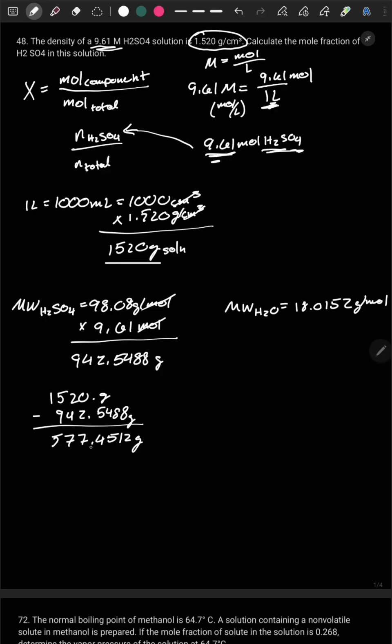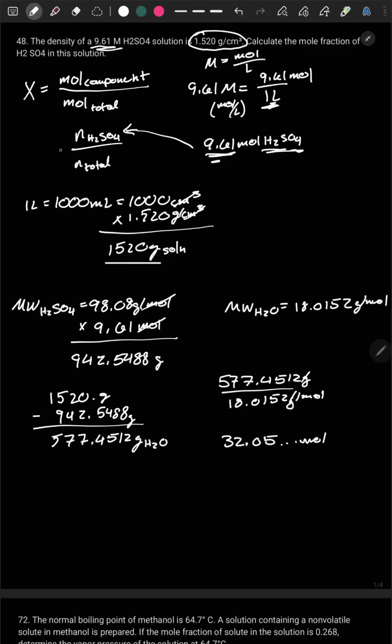So we can take this 577.4512 grams of H2O and turn it into moles by dividing by 18.0152 grams per mole. The grams cancel out. So what are we left with? We have 32.05 moles. So now we have the moles of the entire solution, so we can just add those up.